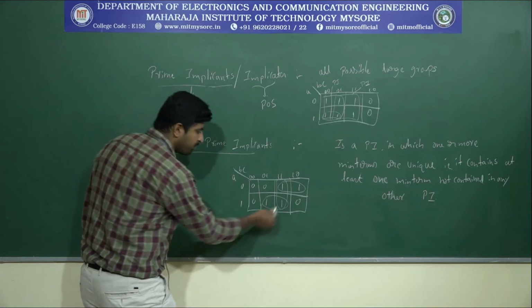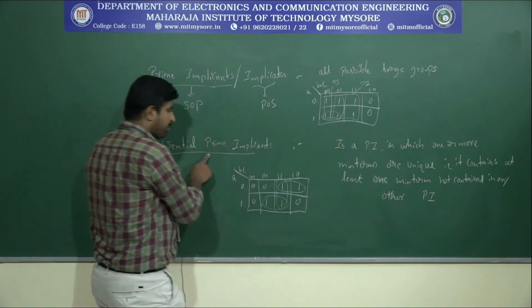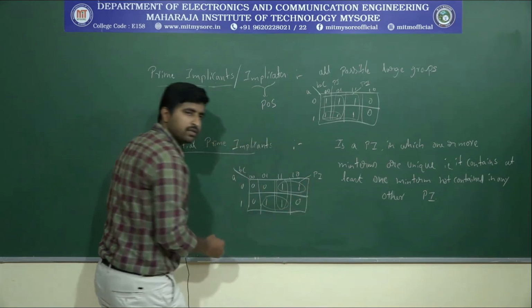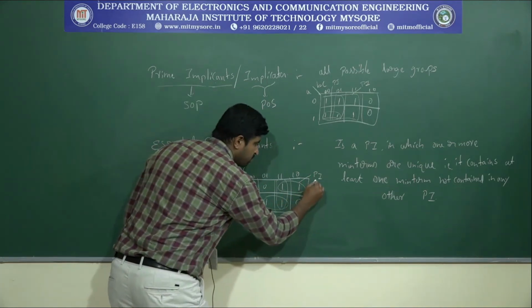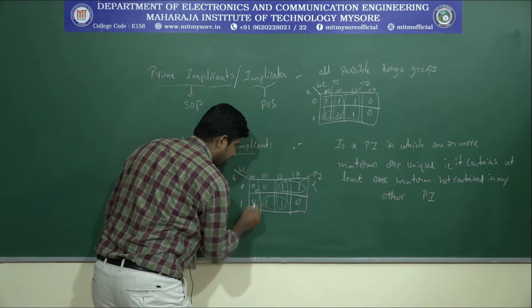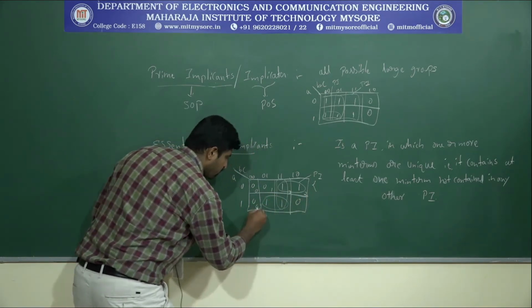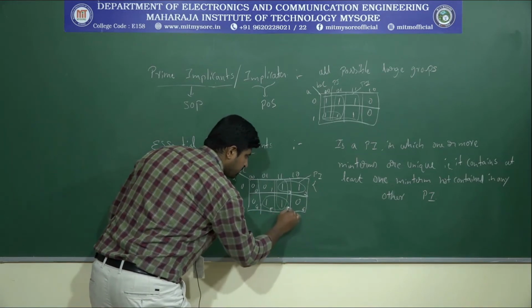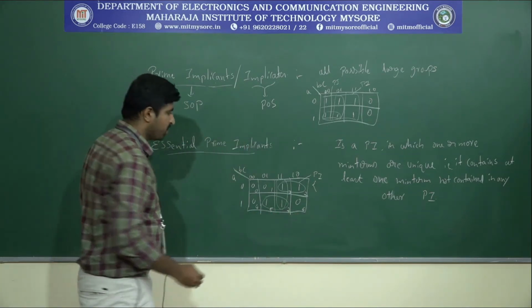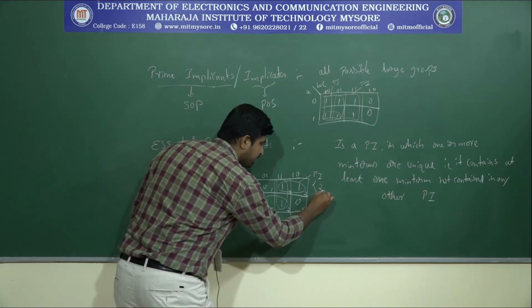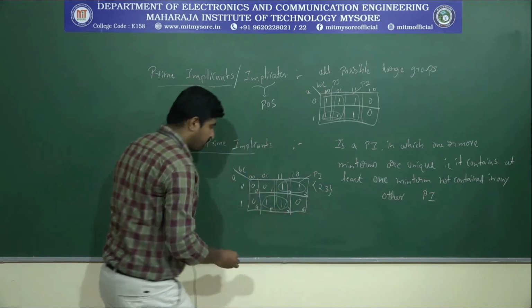Now, what is the essential prime implicant? Individually, these are the prime implicants. Containing the cells, we'll write the numbers 0, 1, 2, 3, 4, 5, 6, 7. This is the group formed by cells 2, 3, which I will call group 1.